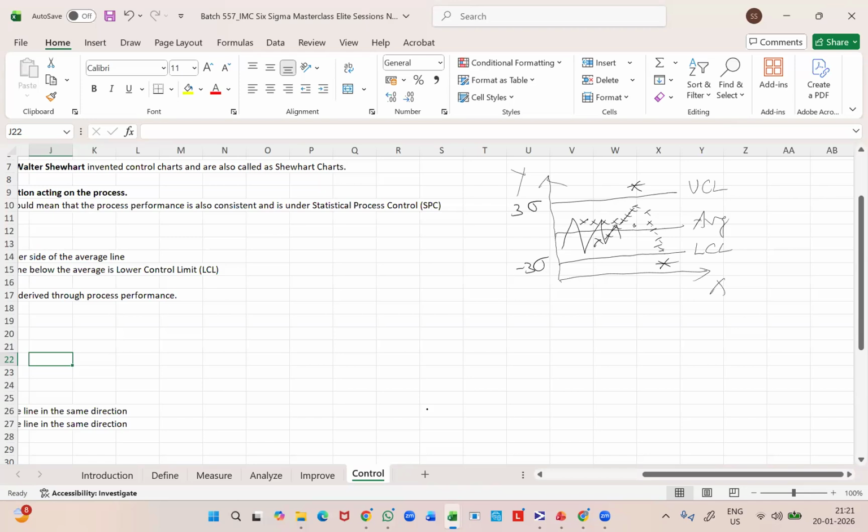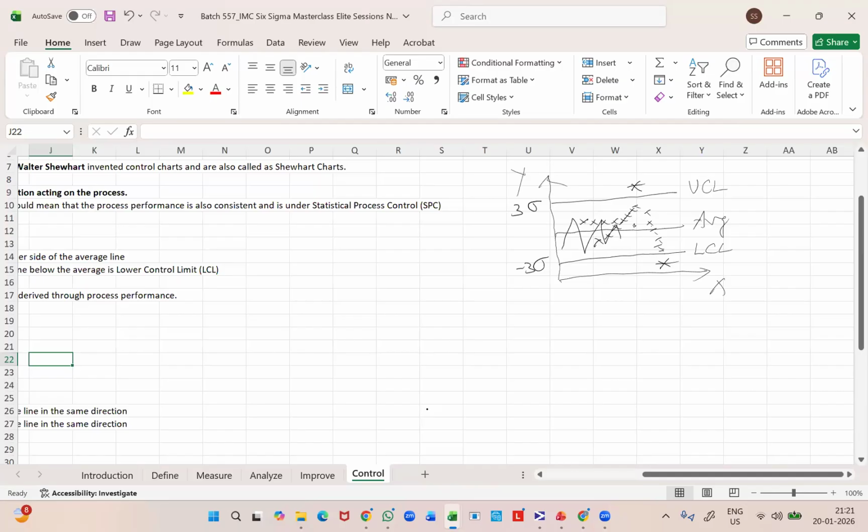So the first one is what we would call a mixture, where we have two extreme data points being plotted, right? So the data points getting plotted at two extreme ends in a control chart, that is what we would call a mixture. The second one is the non-randomness due to trend: 6 consecutive data points showing an upward or downward trend.